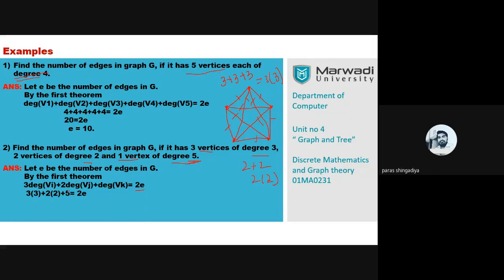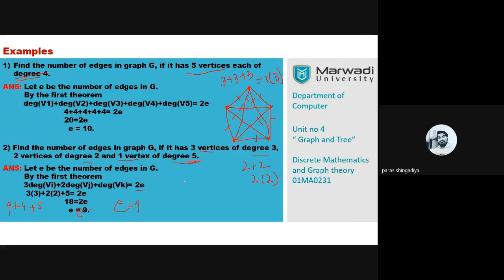There are 3 vertices with degree 3 and there are 2 vertices of degree 2, it is 2 of 2, and degree of vk means there is one vertex with degree 5, so that is plus 5 is equal to 2e, and that will become 3 plus 3, that is 9, plus 4 plus 5, that becomes 18, and that is equal to 2e, clear. 9 plus 4 is 13 plus 5 becomes 18, that is equal to 2e, and therefore e becomes 9, clear. e is equal to 9 is the answer.